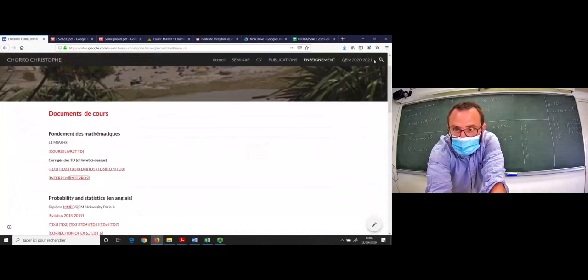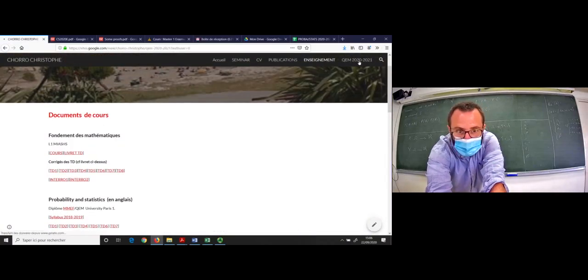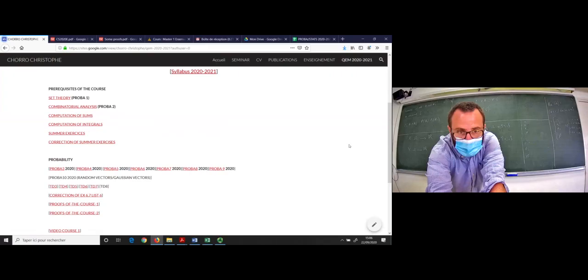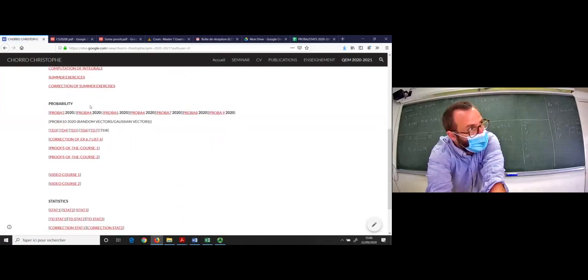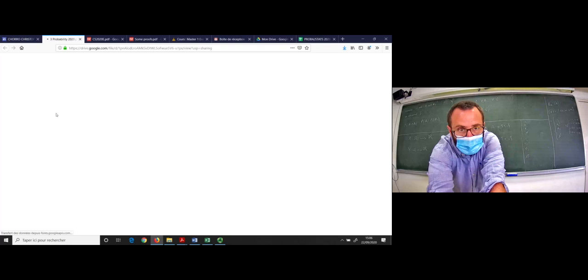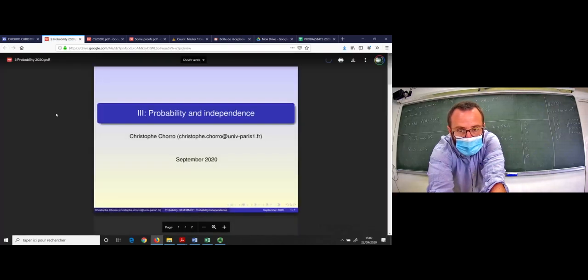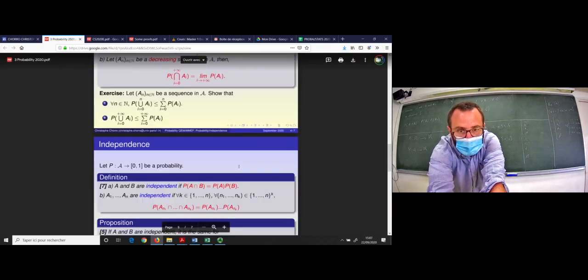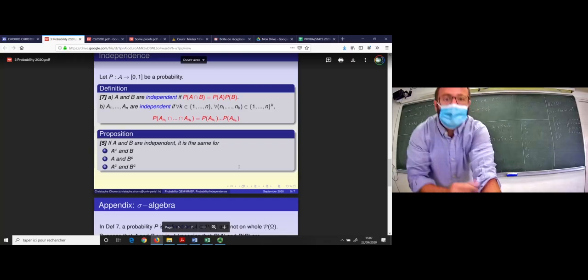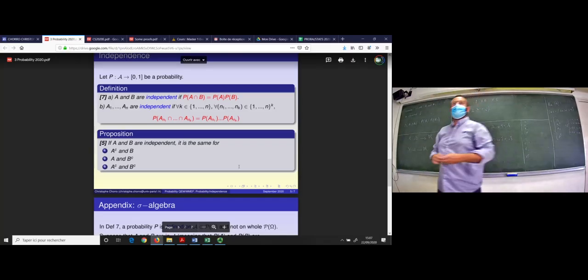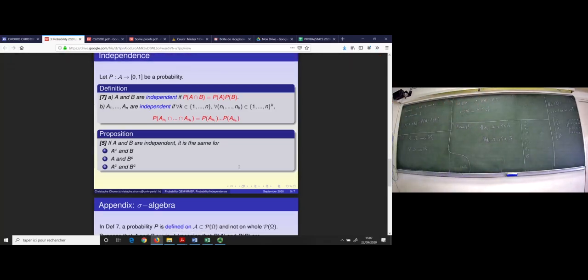So where are the slides? Somewhere here. It was here in the first station. I remind at the end, Proposition 5: if A and B are independent, then A complementary and B are independent, A and B complementary, and A complementary and B complementary.